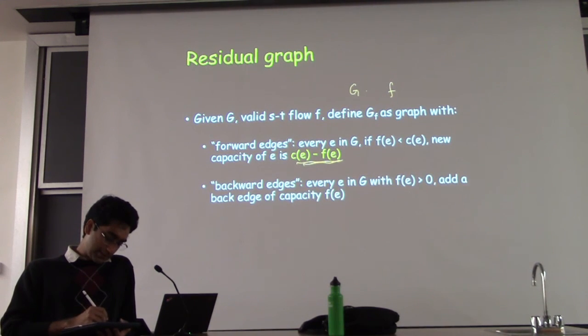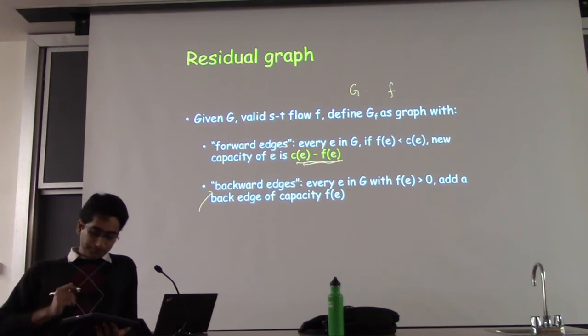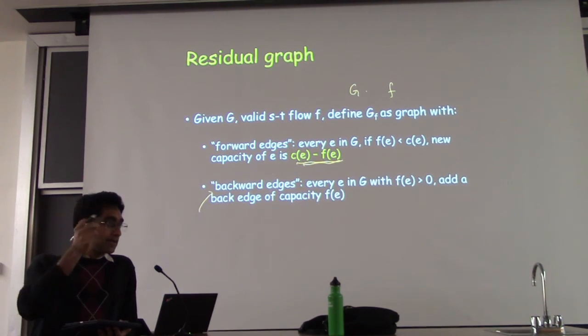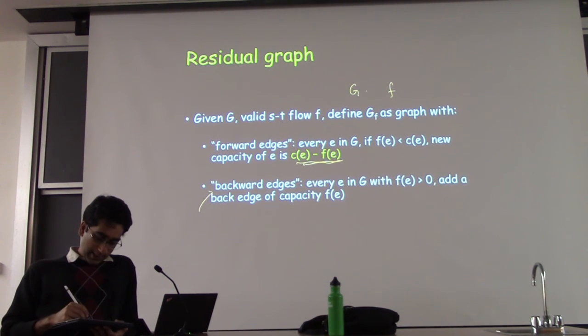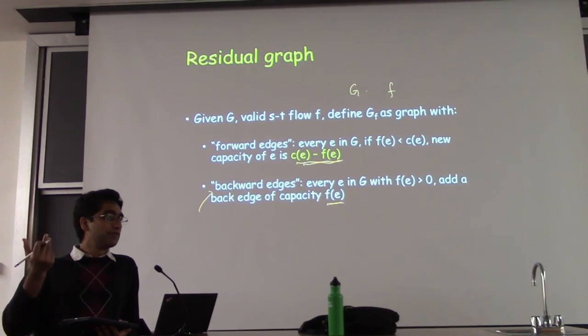The backward edges are where the novelty lies. You introduce new edges, and they go in the reverse direction of the original edge e. Its capacity is equal to the flow that f sent. This is the thing that allows us to correct some flow that we already sent.